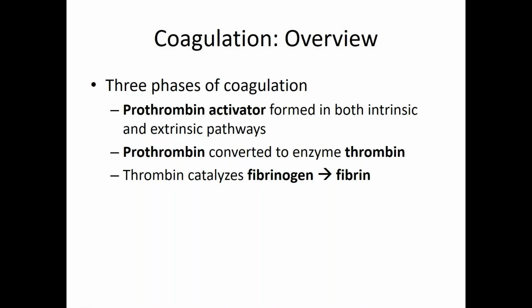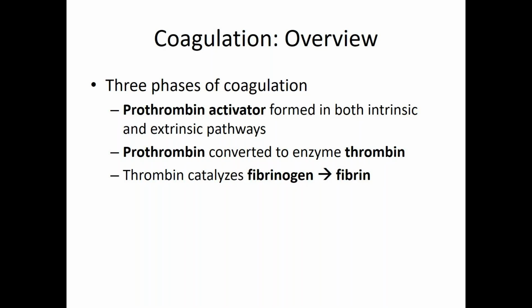We have prothrombin activator, which does exactly what it sounds like. It activates prothrombin, and by doing that, it converts it to something called thrombin. And then thrombin comes back to our friend fibrinogen, which we talked about as one of the fibrous components of plasma.